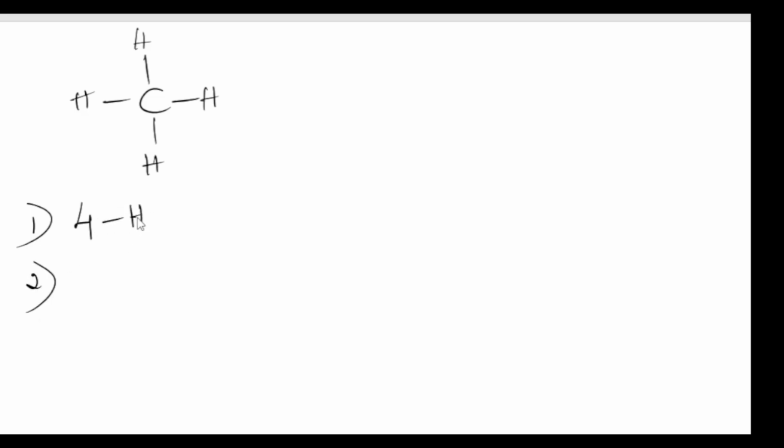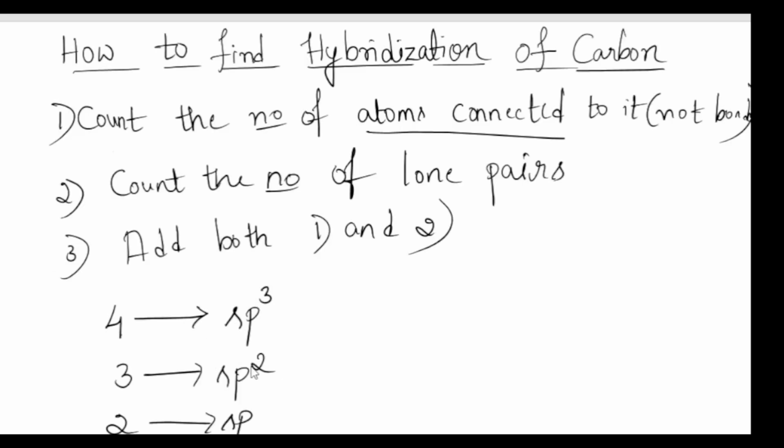In the second case, if any lone pairs are there, no, here there is no lone pair. That's why I will put 0. We have to add both of these. 4 plus 0 is 4 only. If 4 is coming, it is sp3. In the previous slide, we already saw this. If it is 4, it is sp3 hybridization.